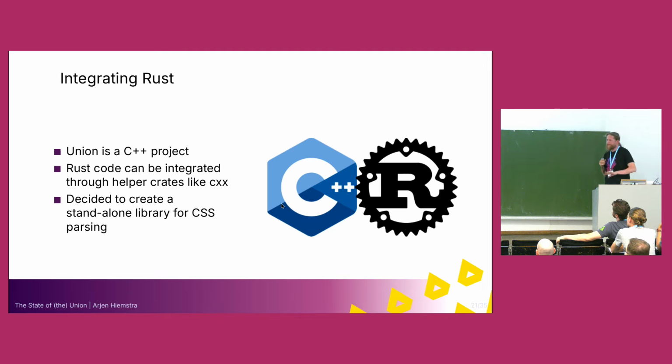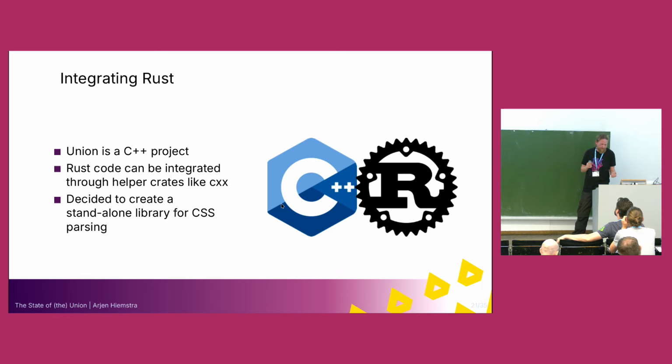So there's also the other side of this. It's great that this thing is available, but it's Rust. And Union is basically a set of plugins for Qt code, which kind of requires it to be C++. Luckily, there is some stuff that helps.